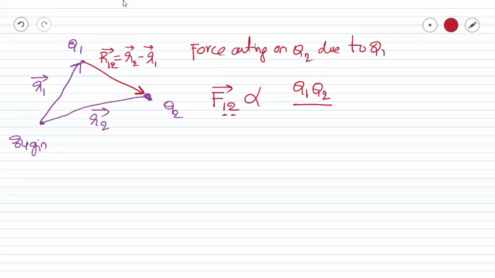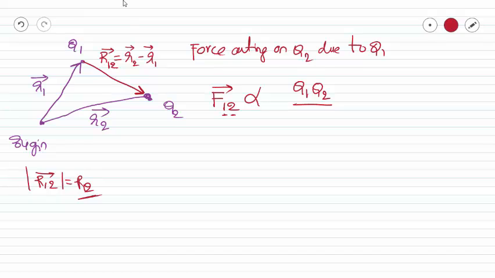So what is the distance vector R12 bar? And the distance will be the magnitude of R12 bar, so let us say the magnitude of R12 bar is equal to R12 in short.